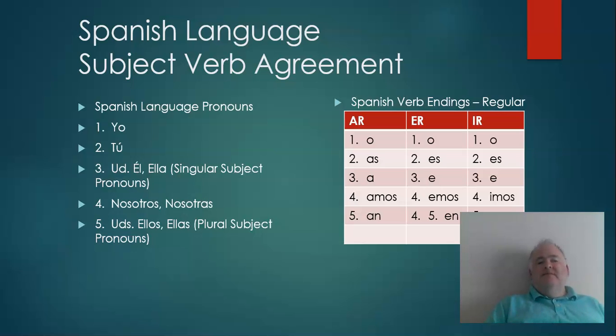But you can quickly see an easy way to learn the ER endings is to change the A to an E, and you get O, ES, E, EMOS, and EN. But I have great news. The ER endings and the IR endings are the same except for the nosotros form. Here for the ER you have EMOS, but change the E to an I for the IR and you get IMOS.